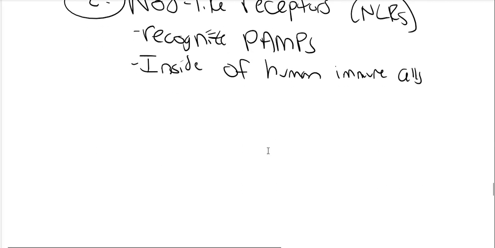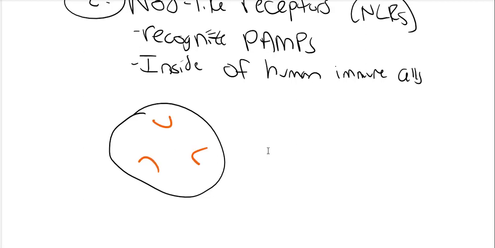So what this might look like, you have a human cell, and the nod-like receptors are on the inside. Sometimes bacteria get inside the cell. So we need to have these pattern recognition receptors not only on the outside, but also on the inside, just in case a bacteria comes in. Again, if bacteria comes in and the nod-like receptors bind, it's going to signal for cytokine production.